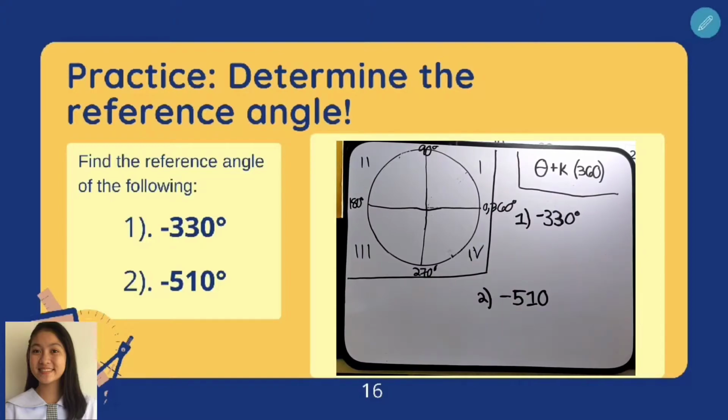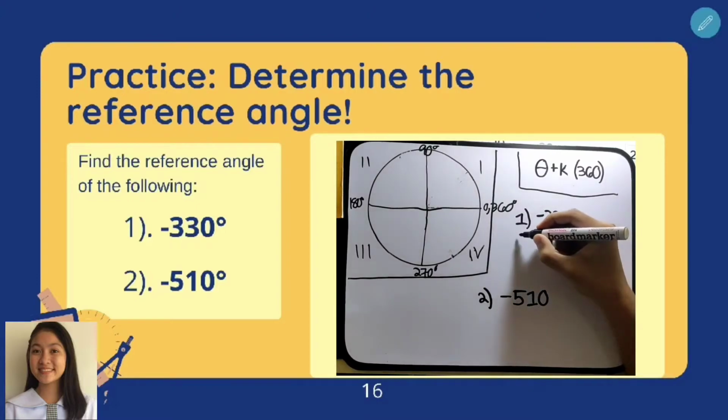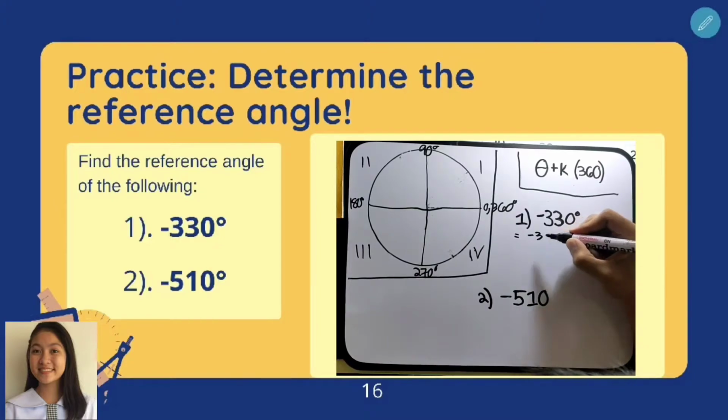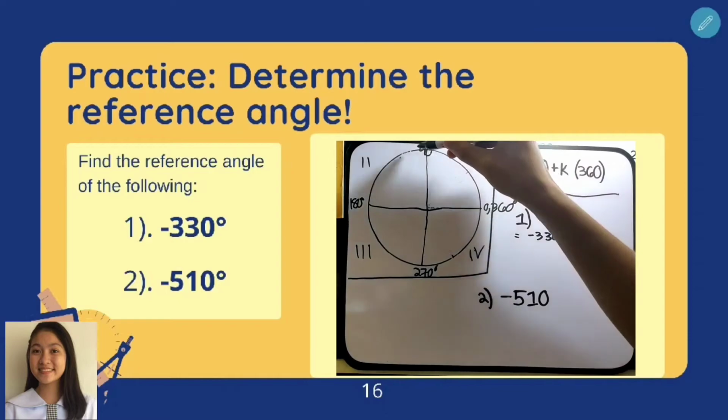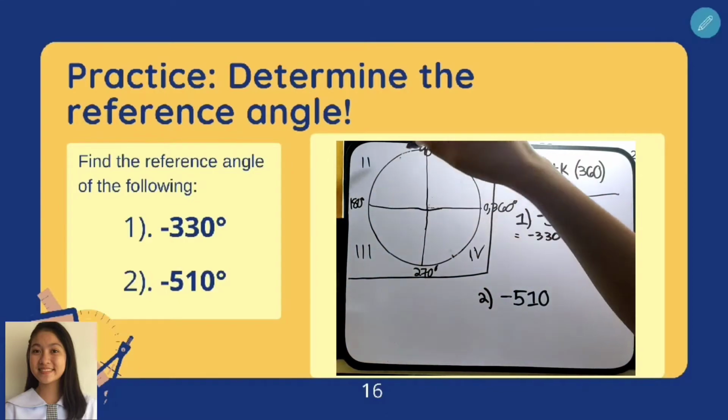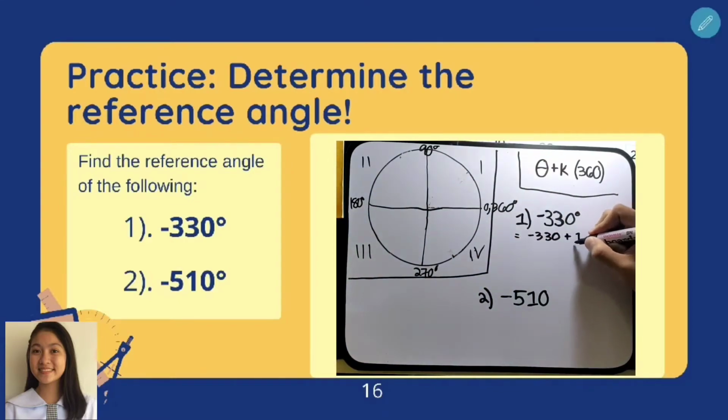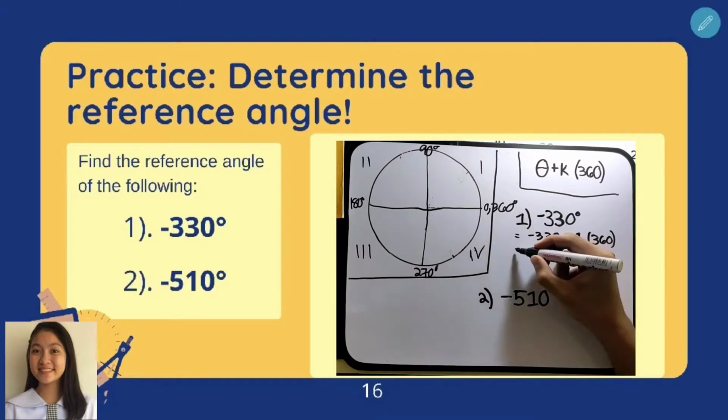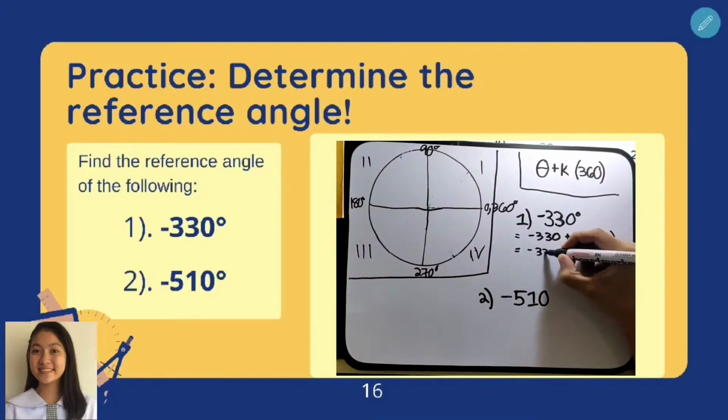For example, find the reference angle of negative 330 degrees. Let's use the formula. For theta, we have the given negative 330 degrees plus we have only one rotation because negative 330 doesn't exceed negative 360 degrees, and then multiply the single rotation to 360 degrees. 1 times 360 is equal to 360.